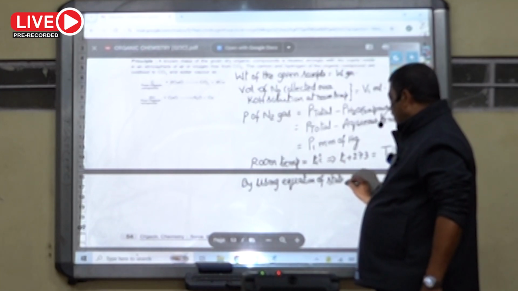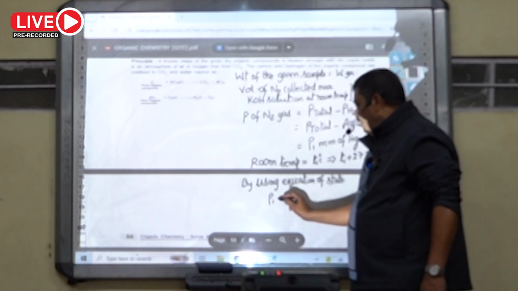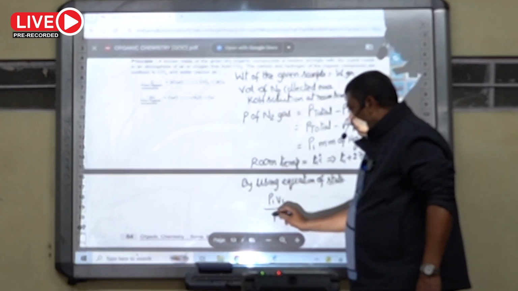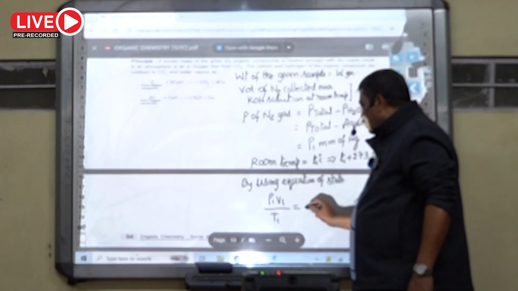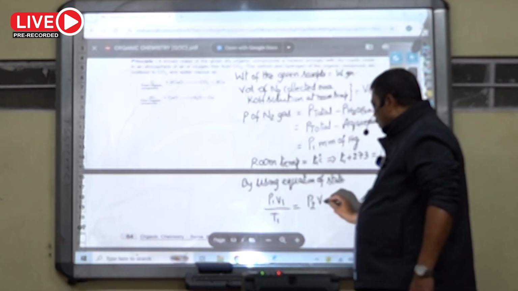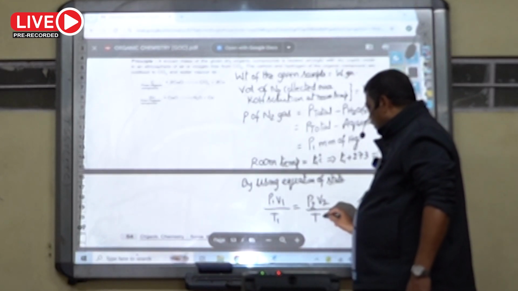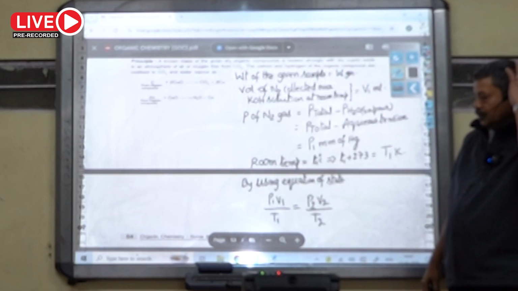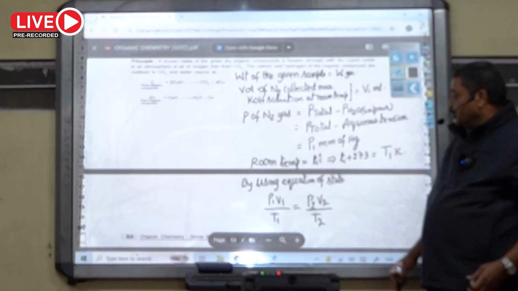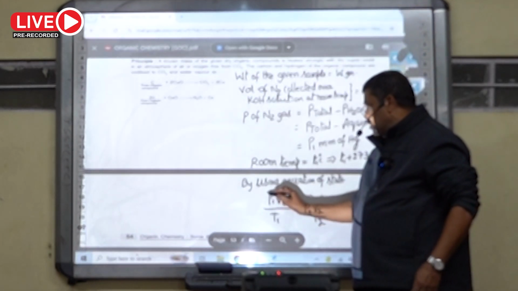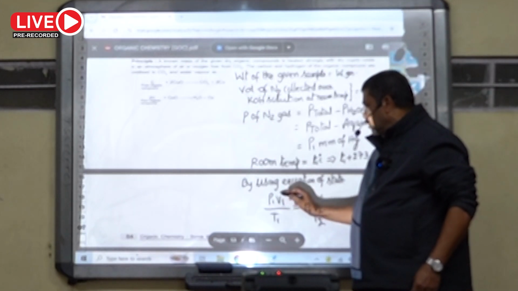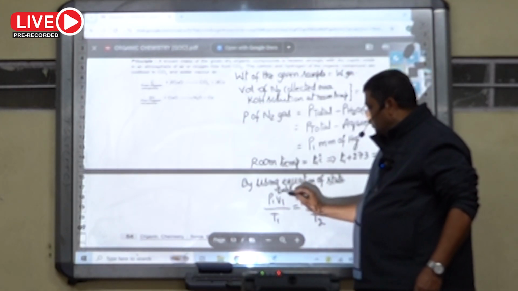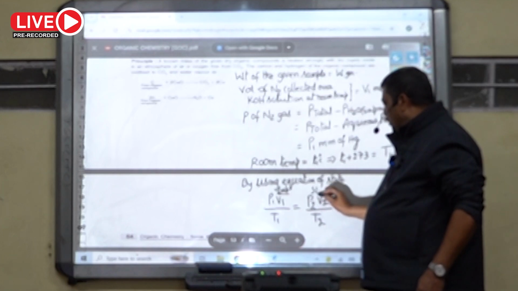What is equation of state? P1 V1 by T1 is equal to P2 V2 by T2. We convert the volume of N2 from room temperature. These are at room conditions. This is lab conditions. These are STP conditions.